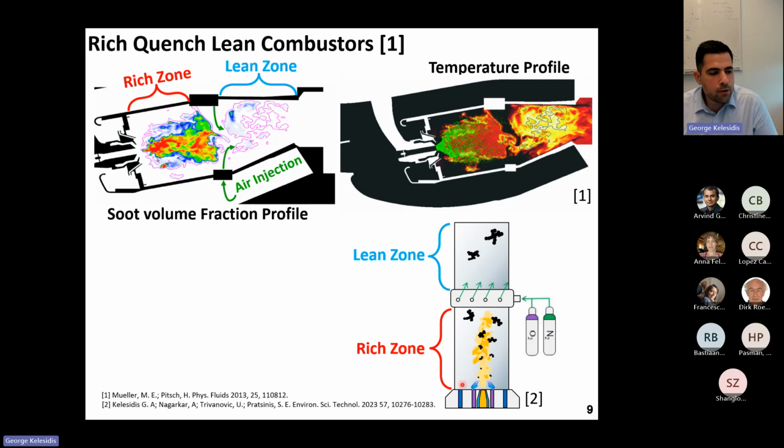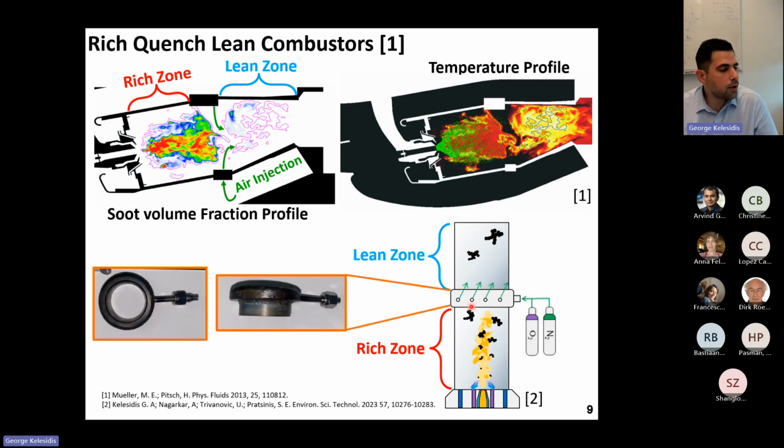In particular, in the rich zone, we have a rich spray combustion of jet fuel, and the rich and the lean zone are separated by a torus ring that you can see in these photographs over here. Using this torus ring, we inject nitrogen that either contains oxygen or is pure nitrogen, and these gases are injected through 12 jets.